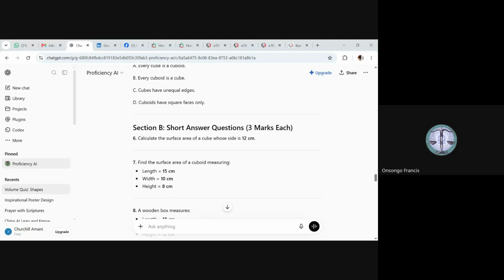Nikaweka 2 into 15 times 10 plus 15 times 8 plus 8 times 10. Nikapata 700 centimeter. Let us appreciate him. Thank you so much.